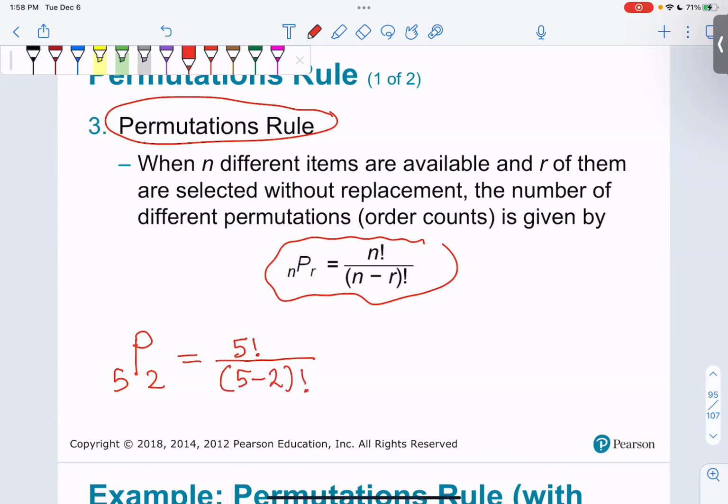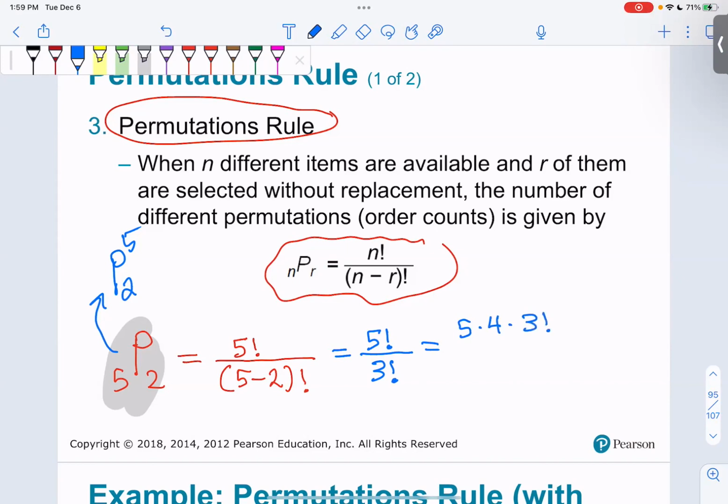You can see it's like this, and in some books they write it like this, 2 out of 5. That's how many ways we can select 2 out of 5. So 5 factorial divided by 5 minus 2, which is 3 factorial. So the top will be 5 times 4 times 3 factorial divided by 3 factorial.